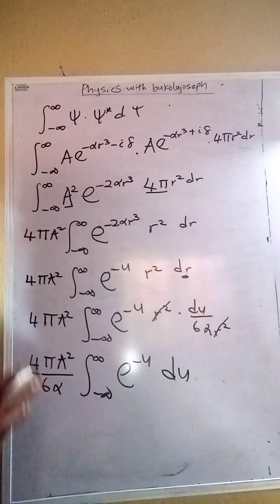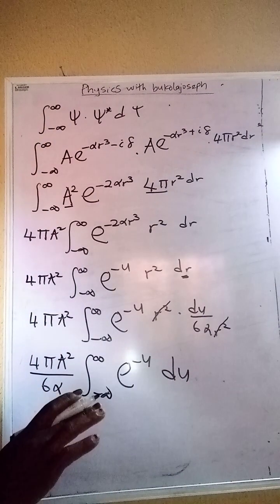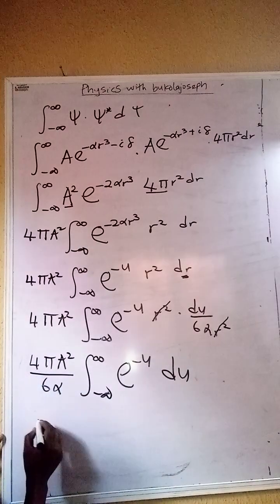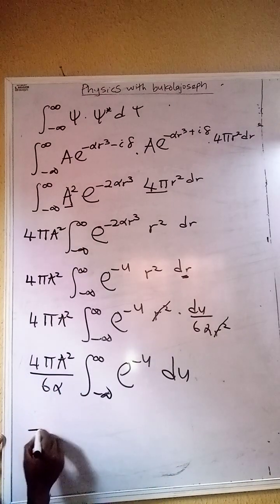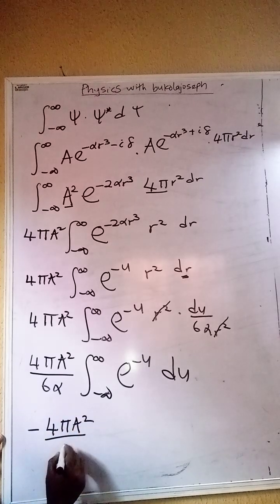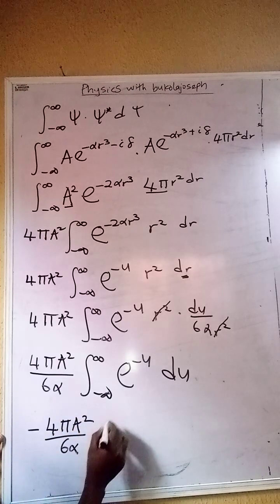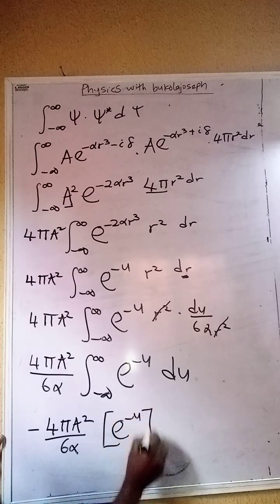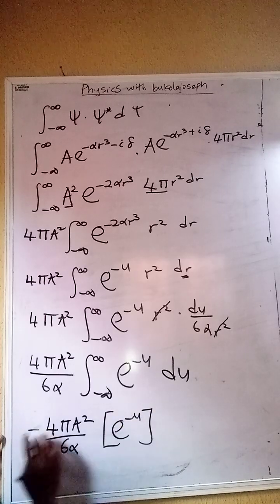You see, we have simplified it now. So the next thing we'll have is minus 4 pi a squared all over 6 alpha into e exponential u. This minus sign is because of the minus here.